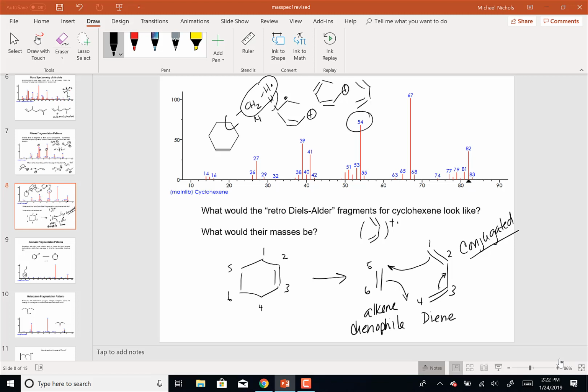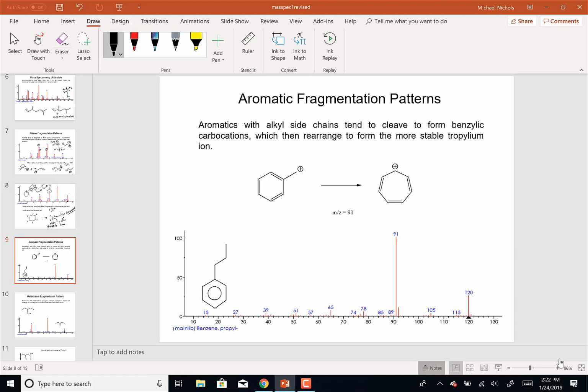A foreshadowing of things to come: when you have an alkyl benzene ring, it likes to cleave to give you this, which is not necessarily allylic.